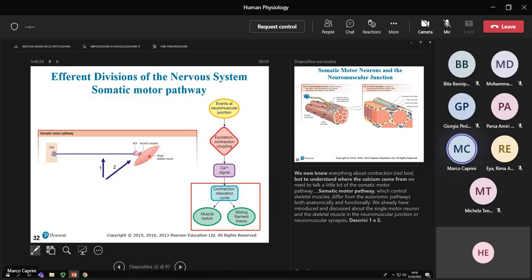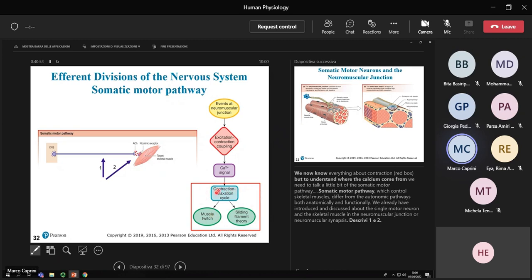We need to know now this important point, how the calcium signal inside of the cell can permit the contraction-relaxation cycle. Because until now, we know everything about the contraction, okay, the red box here.